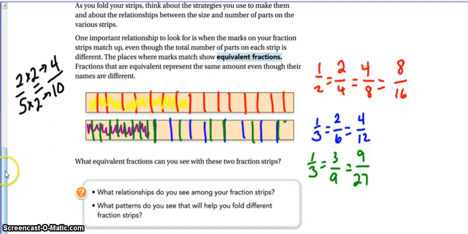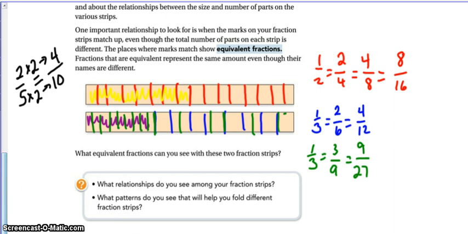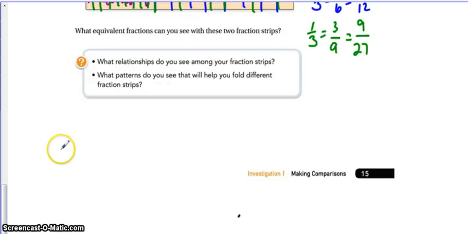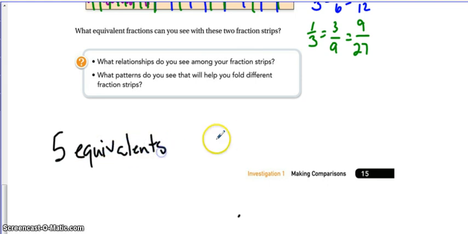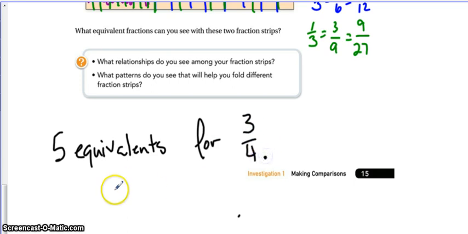But what you need to do before coming to class tomorrow is come up with 5 equivalents for the fraction 3/4. Okay? So before class tomorrow, on a separate sheet of paper or in your spiral, please come to class with 5 equivalents for 3/4.